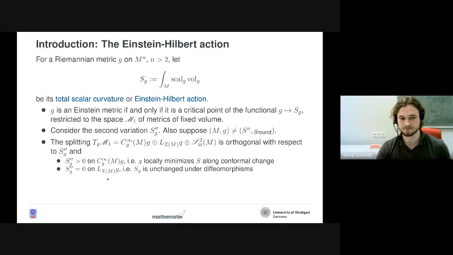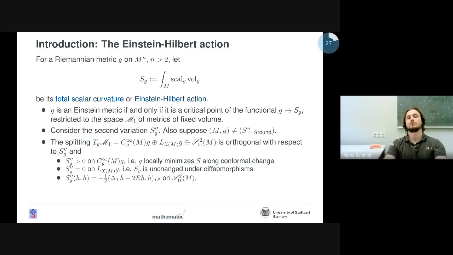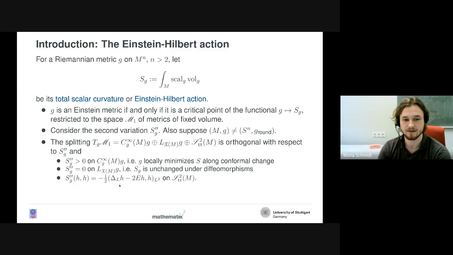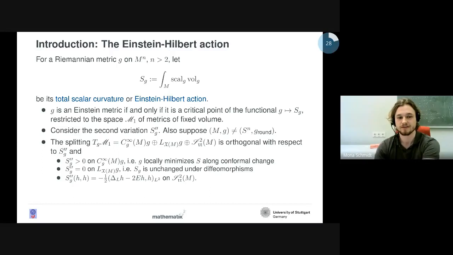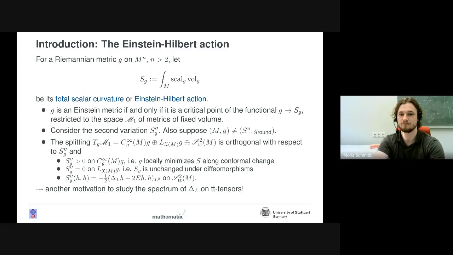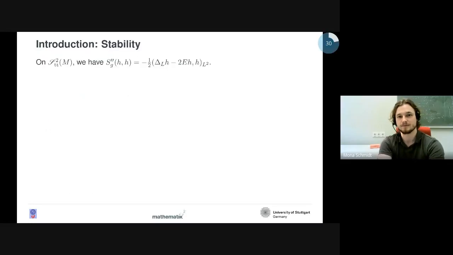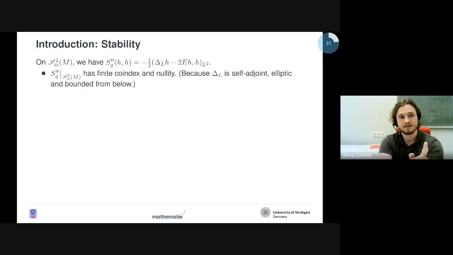On the third summand, we get this Lichnerowicz Laplacian again. The second variation can be written like this on TT tensors, and we again get the critical eigenvalue 2e. This is another point of view that motivates us to study the spectrum of the Lichnerowicz Laplacian on TT tensors. So keep this in mind.